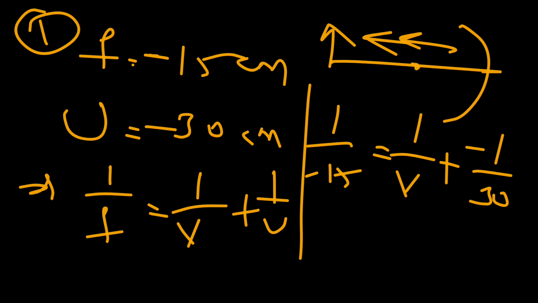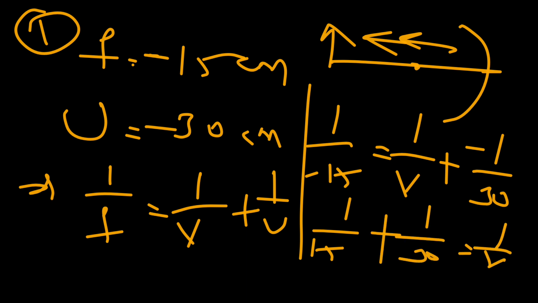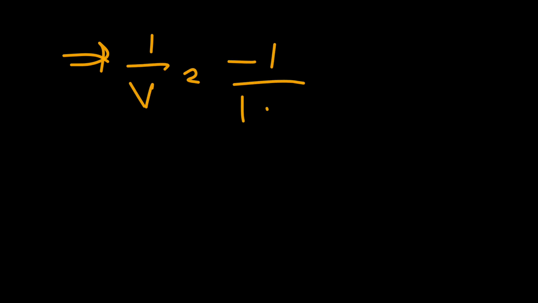If you replace the terms, what do you get? 1 by minus 15 comes here, and it becomes 1 by plus 30, equal to 1 by v. So 1 by v is equal to minus 1 by 15 plus 1 by 30.